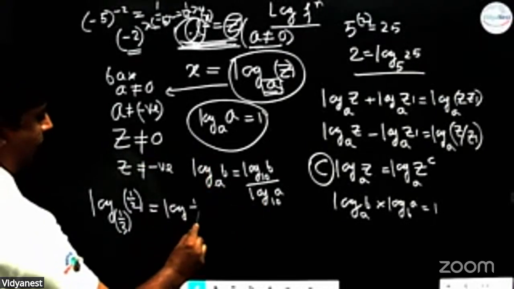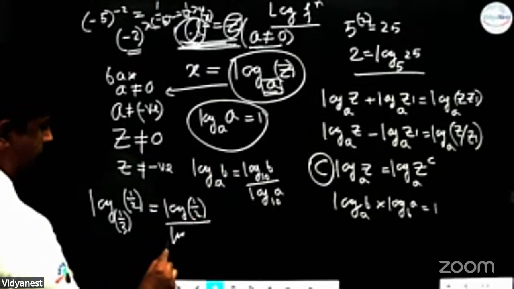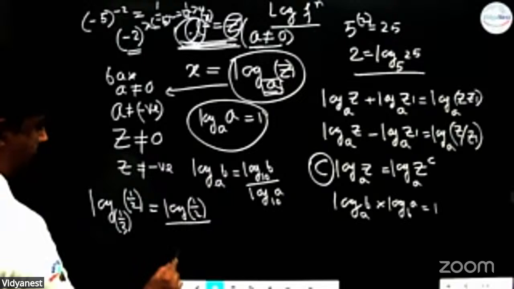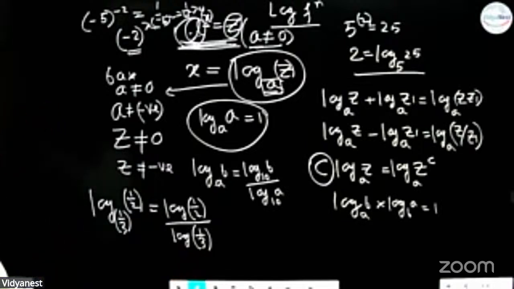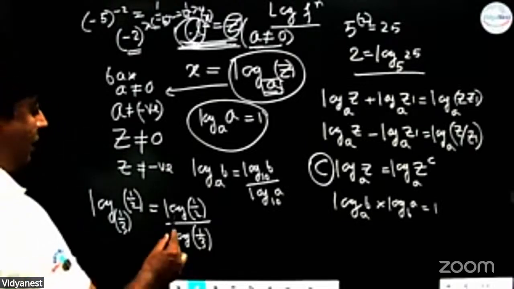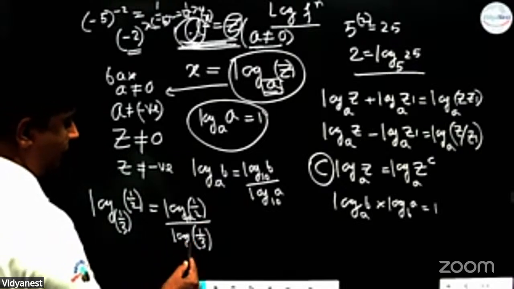So log half by log 1/3. Now, see here I have not written the base, means base is silent.